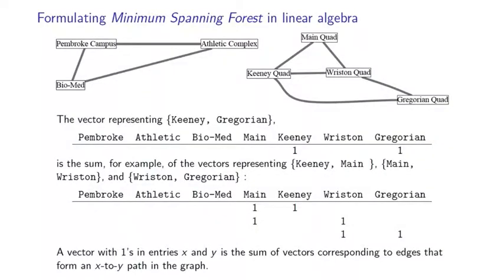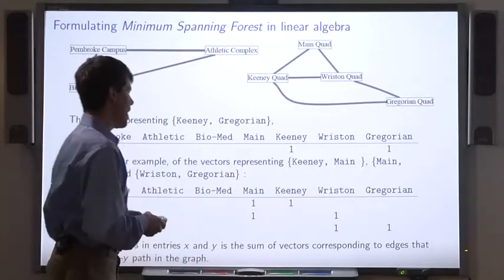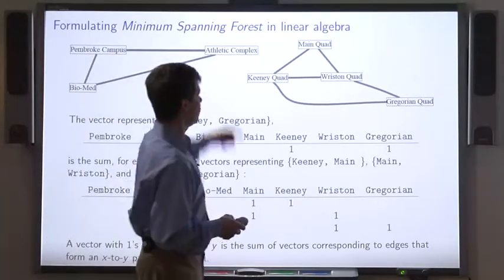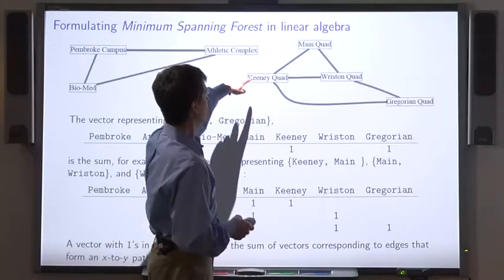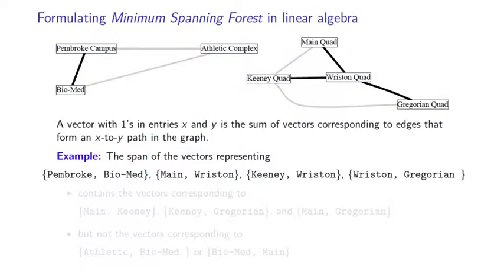Now, a vector with 1s in entries x and y is the sum of vectors corresponding to edges that trace out an x to y path in the graph. In this case, the path from Keeney to Gregorian through Main and Riston. So here's another example.